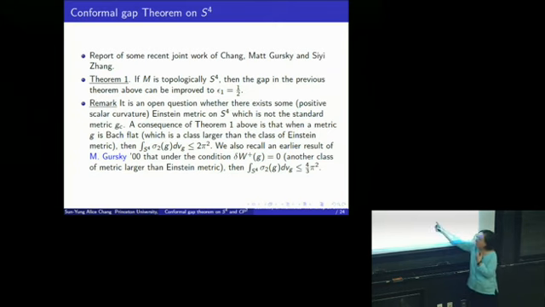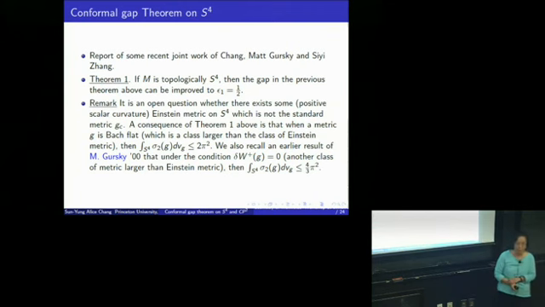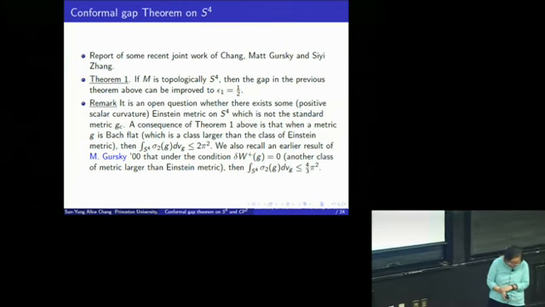This condition, divergence of Weyl plus equal to 0, is also a class bigger than Einstein. Okay. So we are playing with these conditions and trying to control the size of this functional.